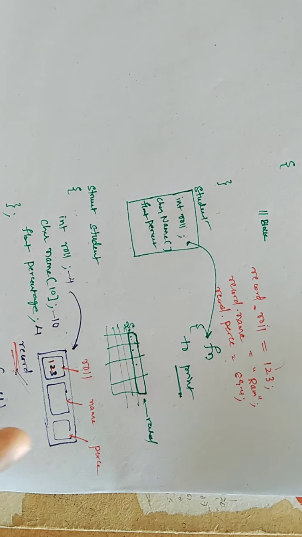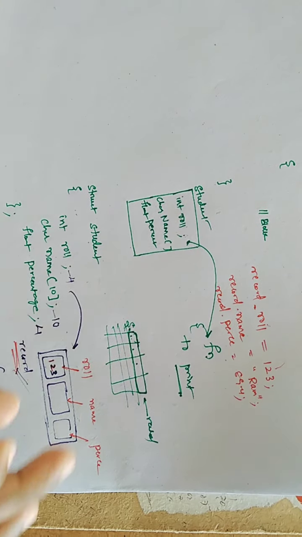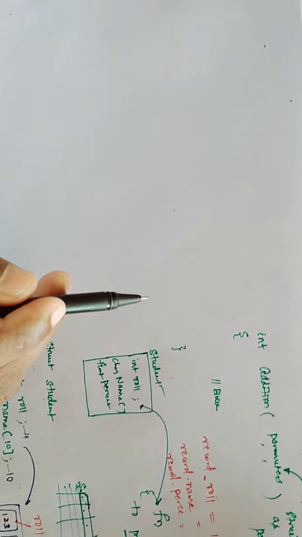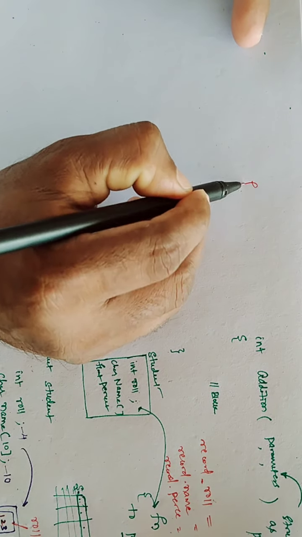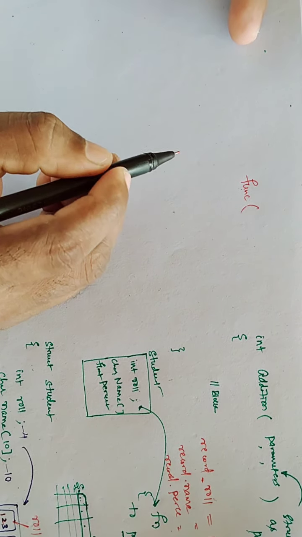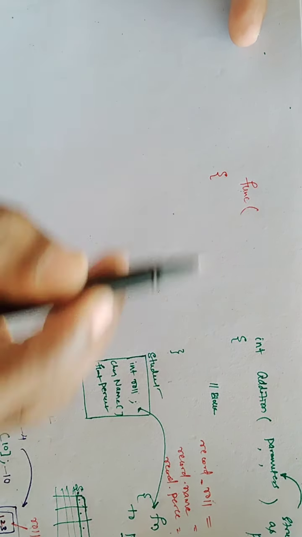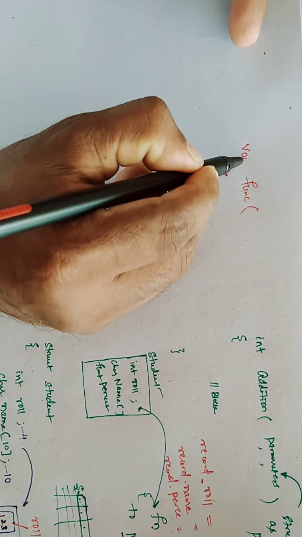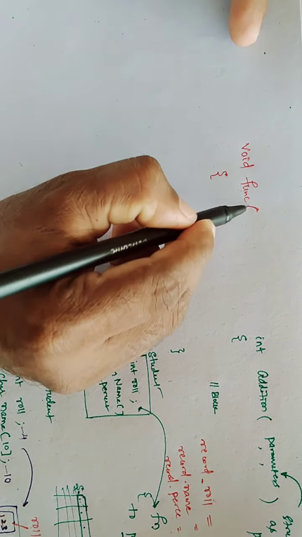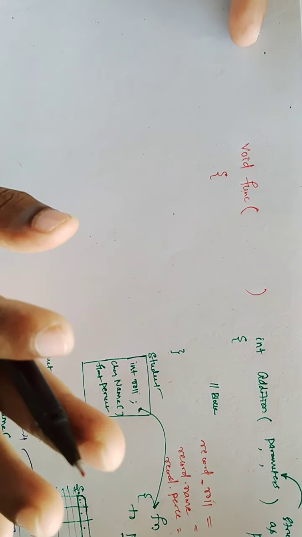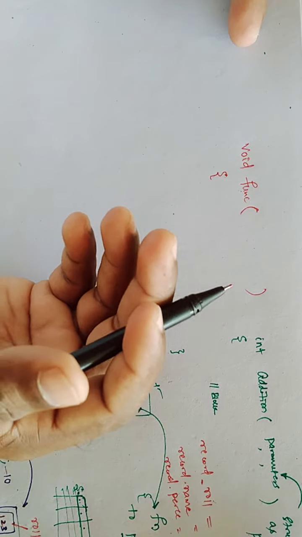But the thing is, all these elements are to be passed to a function. Now I am taking a dummy function, something like this. We are taking a function, func, where this function is just for display purposes only, and it won't return anything. Therefore, we are taking void. This function takes some input, meaning a parameter has to be received.